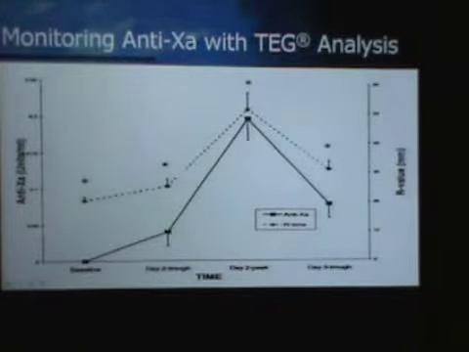And for prophylactic? Because sometimes we do give them prophylactic dosing of Lovenox. Right. We don't have a clue as to how well it works. Run a TEG. Find out. It'll show it perfectly. And the beauty about the TEG, remember, we can run a plain cup and a heparinase cup.